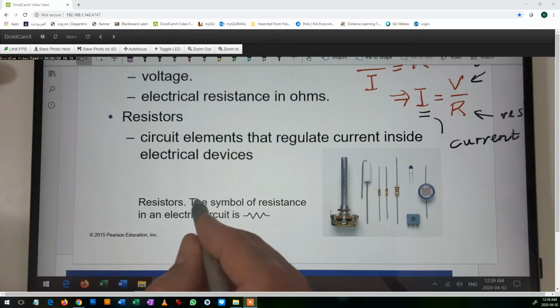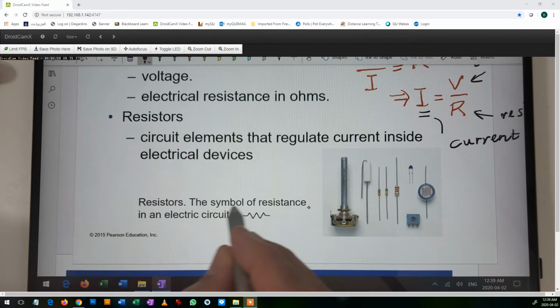What is the symbol of resistance in electrical circuit؟ هاي الرسمة زي ما هو حاططها.